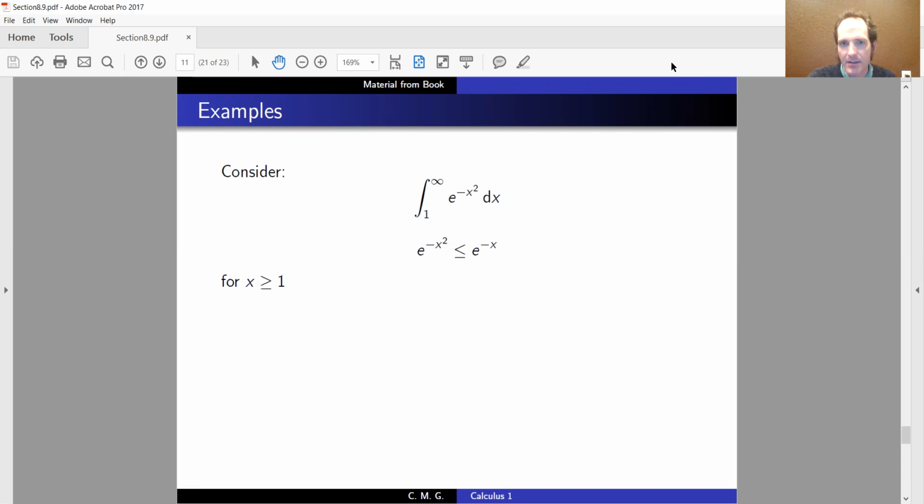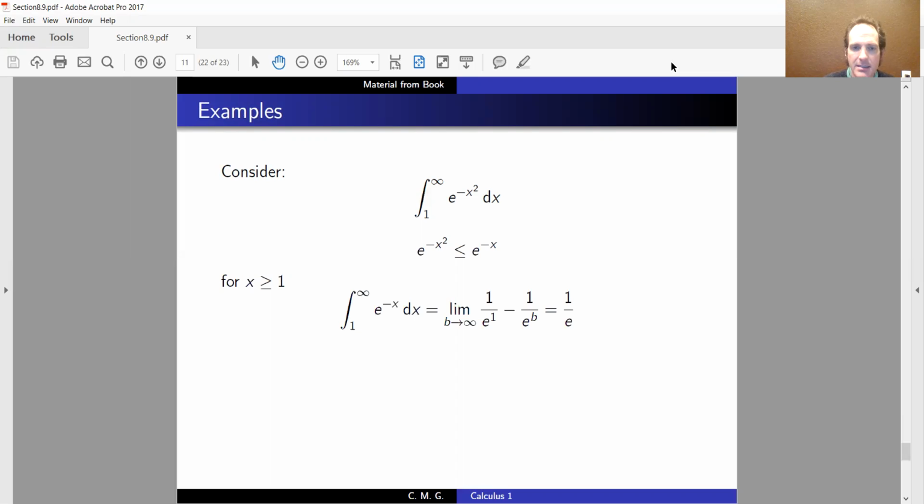I know that e to the negative x squared is less than e to the negative x from 1 to infinity. This is not true from 0 to infinity. So from 0 to 1, if I have like 1/2 squared, that's actually a smaller number than 1/2. And so it doesn't work out this way, but for x bigger than 1, this is going to be true. So I have this inequality.